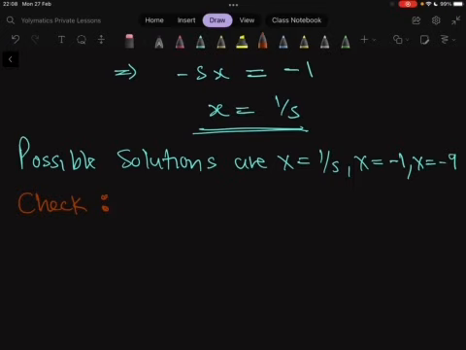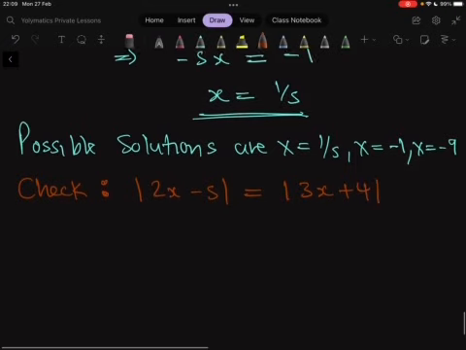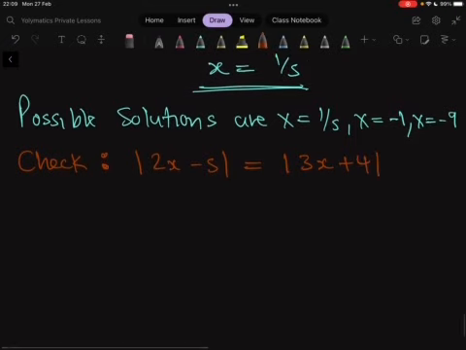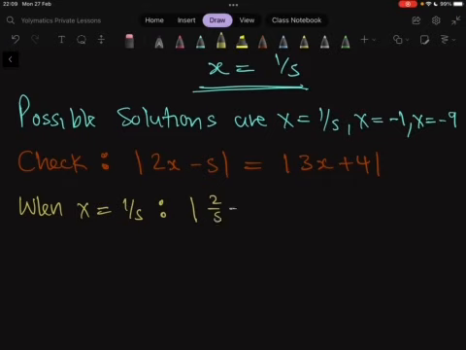To check, I'll consider the equation that we're trying to solve, which is |2x - 5| = 3x + 4. First I'll check when x is 1/5. Put 1/5 on the left, you get 2/5 minus 5.